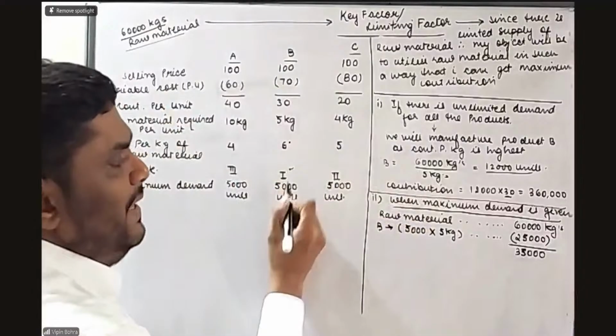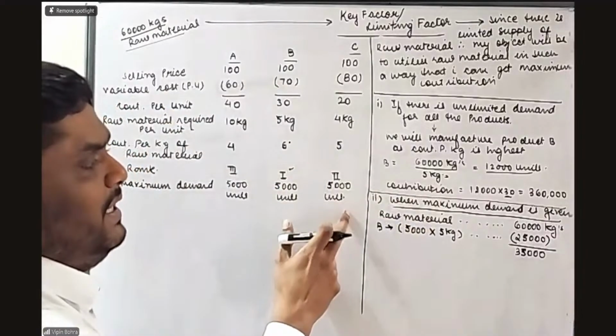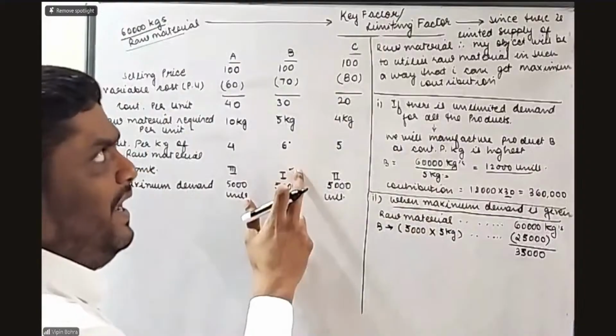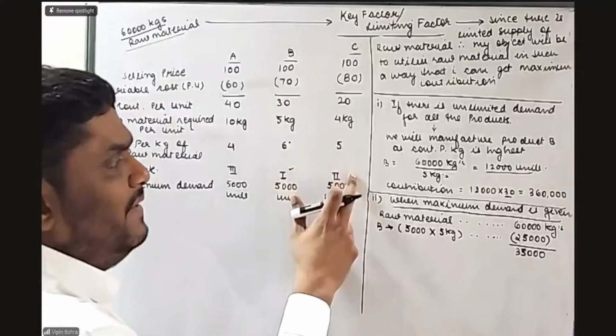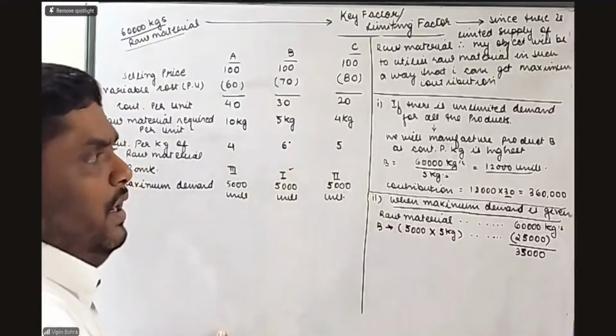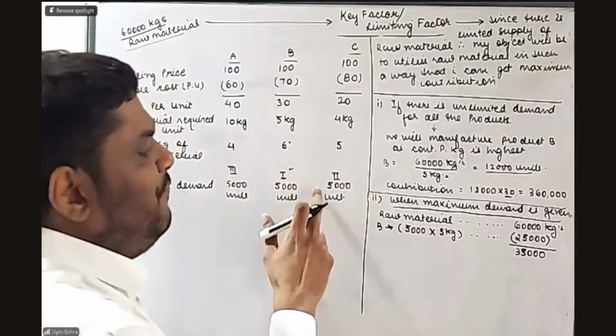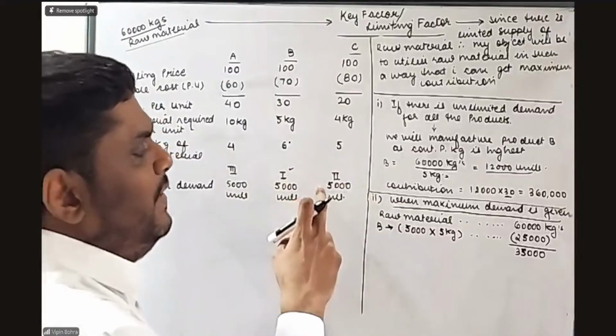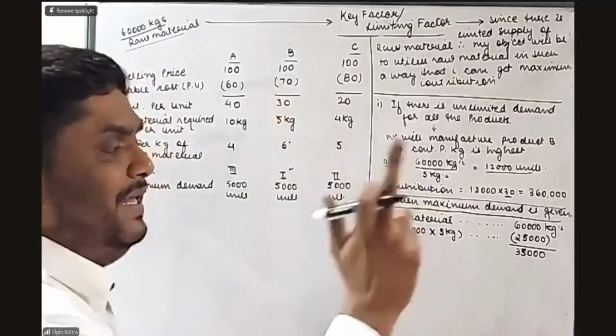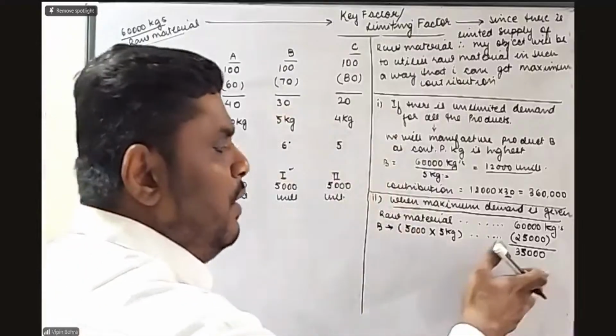So once B is manufactured, we'll proceed with C, not A, because first priority is given to B, second is given to C, and third to A. Now see, to manufacture the full 5,000 units of C, we need 5,000 into 4, 20,000 kgs, and we have sufficient raw material.